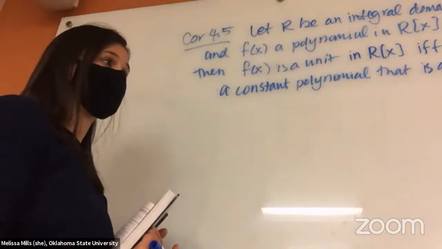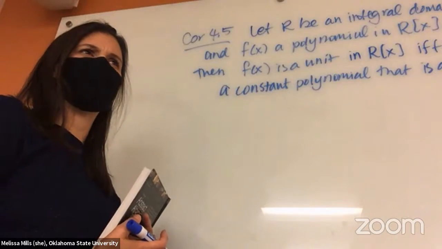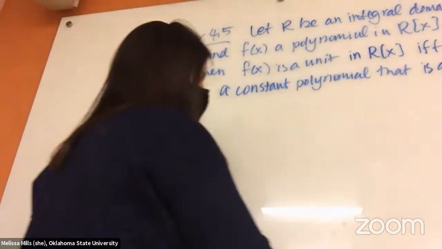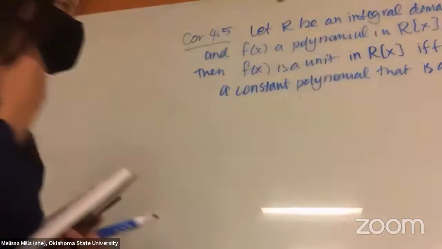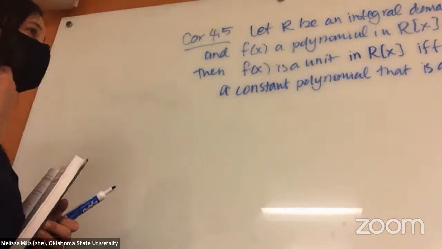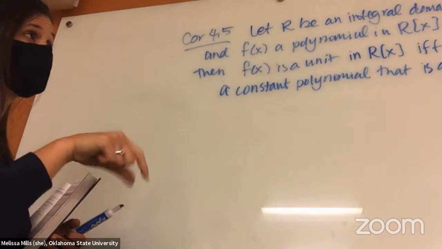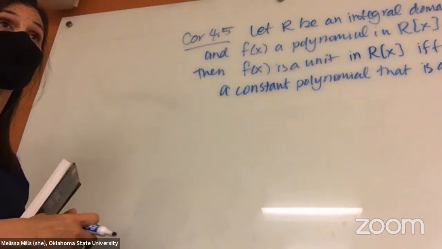We kind of talked about that on Wednesday, just by example, but that's going to be true in general. So the only way to get units in these polynomial rings is if they're constant polynomials and that constant is a unit in the ring.